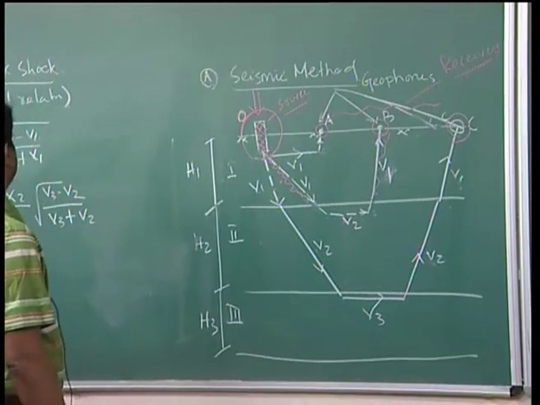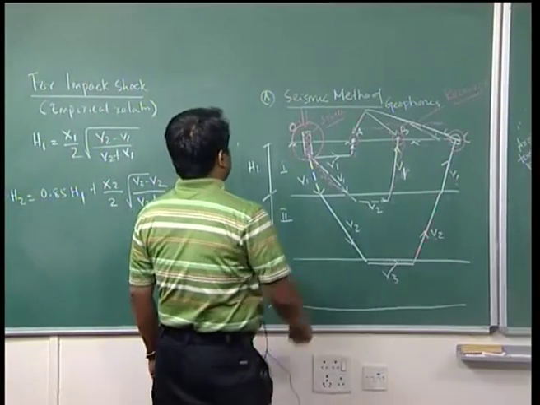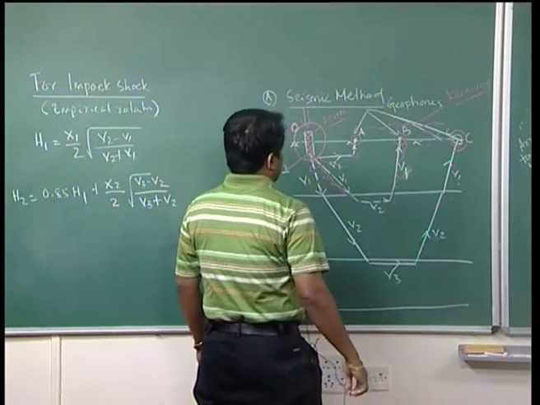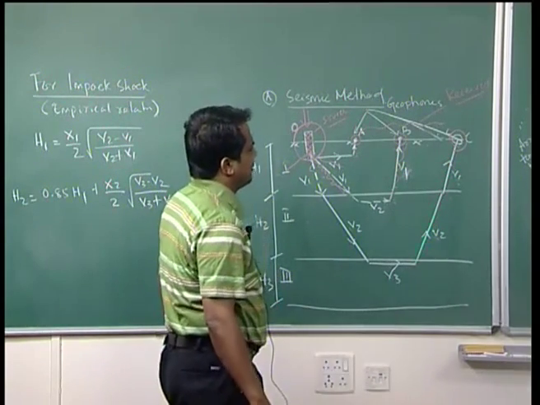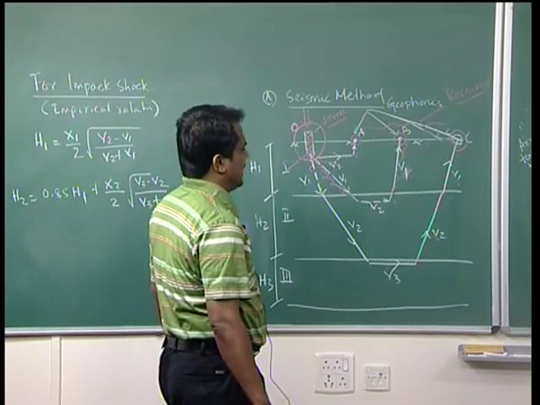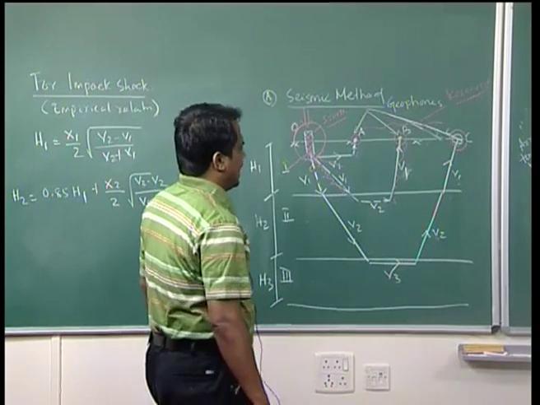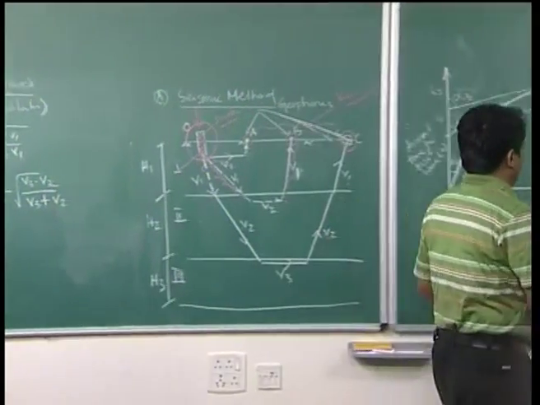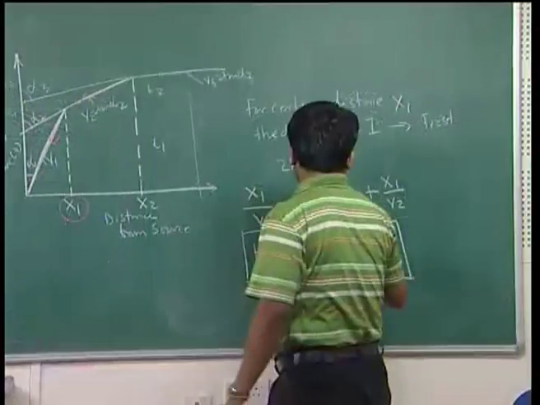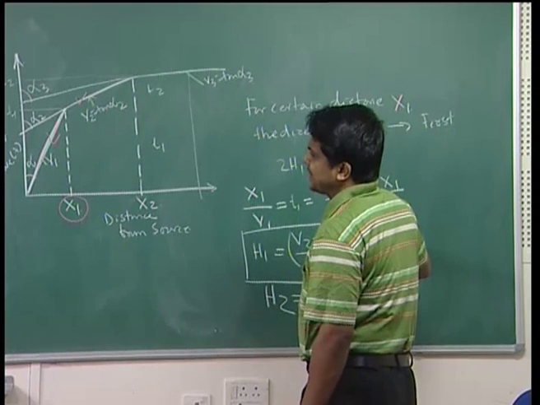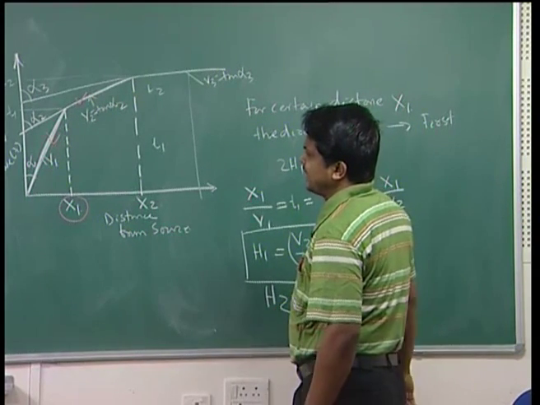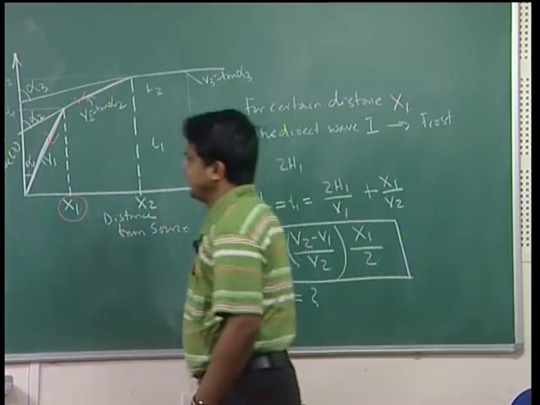Case 2 is that the impact shock travels by impact here and there. So by the method of reflection and refraction, you can find H1 as well as H2. H1 I can get as V2 minus V1 by V2 into x1 by 2. H2 I can get as 0.85 H1 plus x2 by 2 root over V3 minus V2 divided by V3 plus V2.